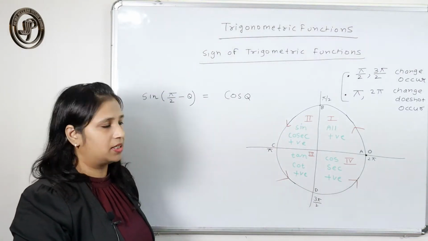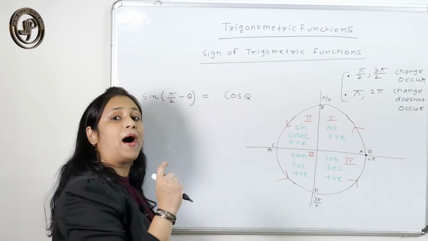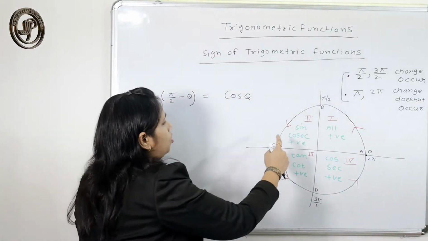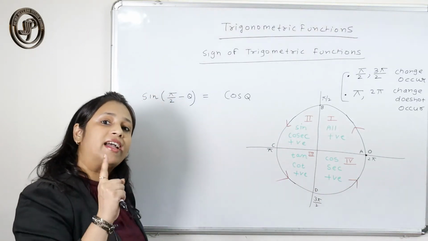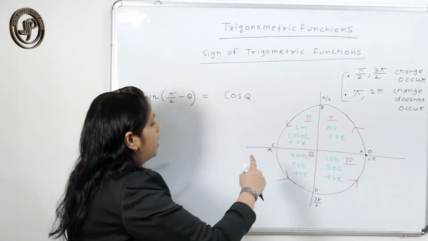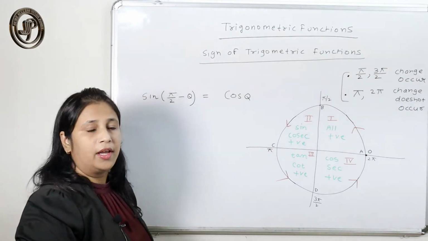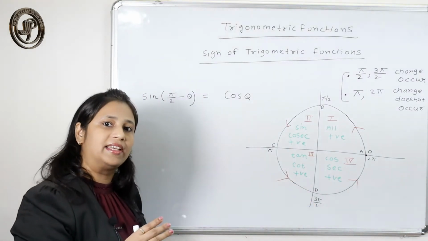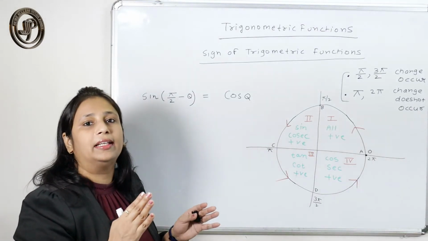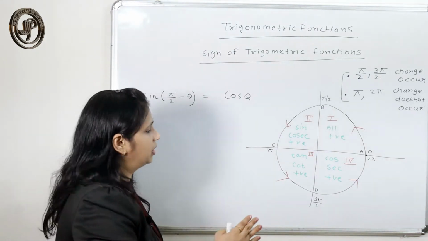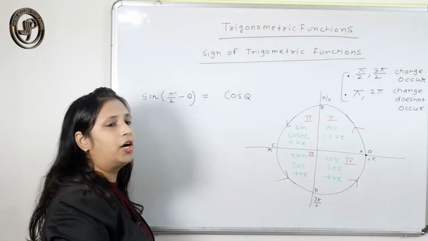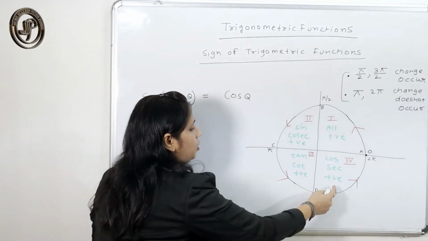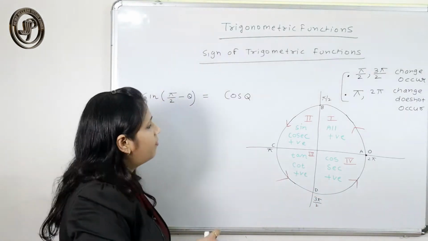If I say pi minus, meaning less than pi, you are in the second quadrant. If I say pi plus, you are in the third quadrant. If I say 3 pi by 2 minus, meaning less than 270, you are in the third quadrant. If I say 3 pi by 2 plus, you are in the fourth quadrant.